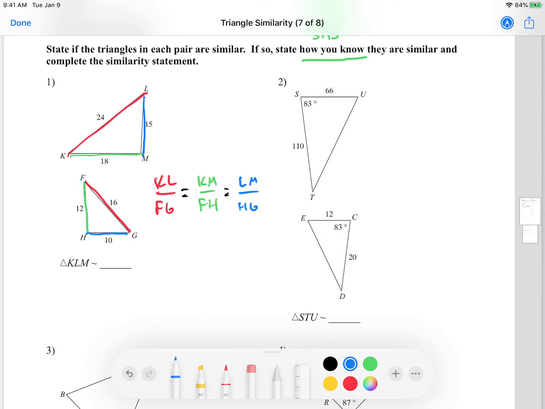So now I'm going to plug in the values that I know. Well, KL is 24, FG is 16. Does that equal the ratio between KM, which is 18, over FH, which is 12? Does that equal the ratio between LM, which is 15, over HG, which is 10? So what I need to do now is simplify each of these, okay? 24 over 16, what does that simplify to?